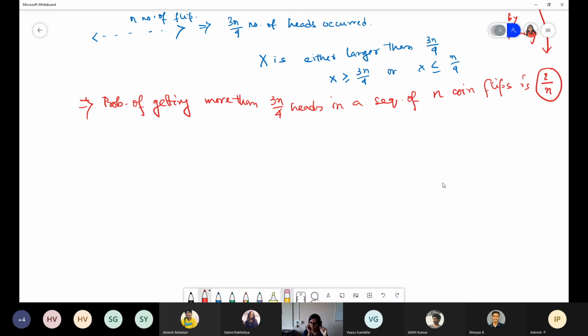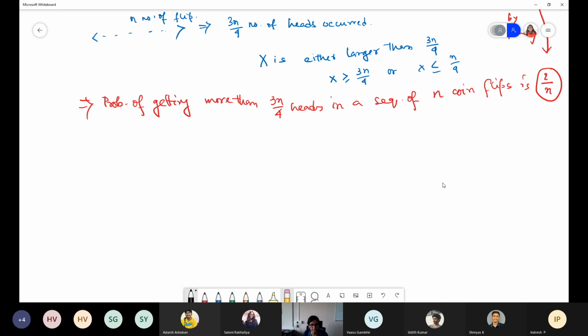You find the probability of getting more than 70% or 80% of 5s in a sequence of n rolls of the die. For that, first you have to find Markov's inequality, based on which you get a result. Then you have to find the variance and apply the Chebyshev inequality, and that will give you the bound of the probability.